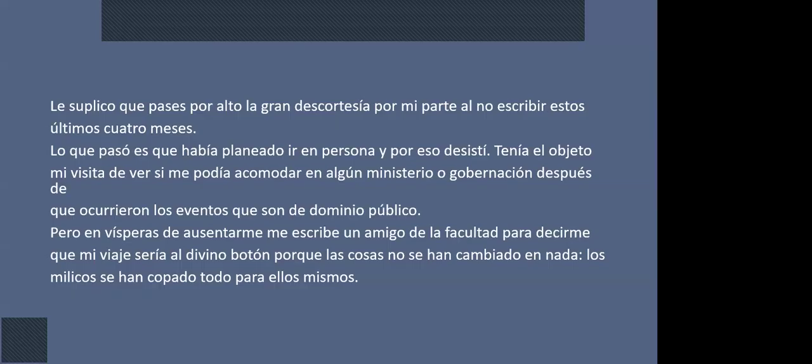And then la gran descortesía. Okay, this is a lot of wordiness from Spanish here. So it's like, I don't know, my lack of education, my disregard, something like that could be. But la gran descortesía, that's very difficult to find an equivalent for, especially descortesía, because it could be lack of courtesy, unkindness.